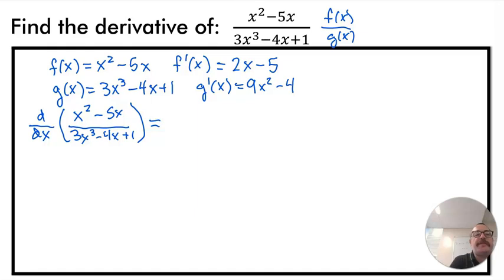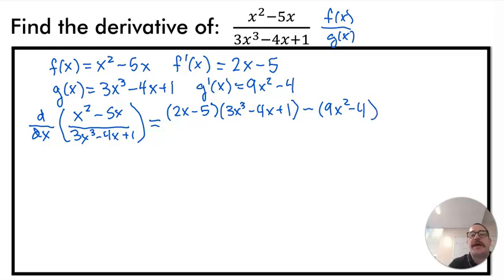So we have f prime, 2x minus 5, times g, which is 3x cubed minus 4x plus 1. So f prime g minus g prime, 9x squared minus 4, times f. Same exact quotient rule. And really past this step, all of your calculus is pretty much good.